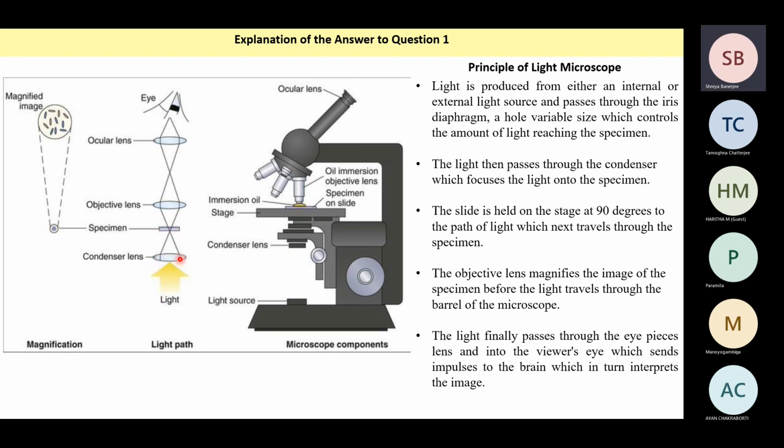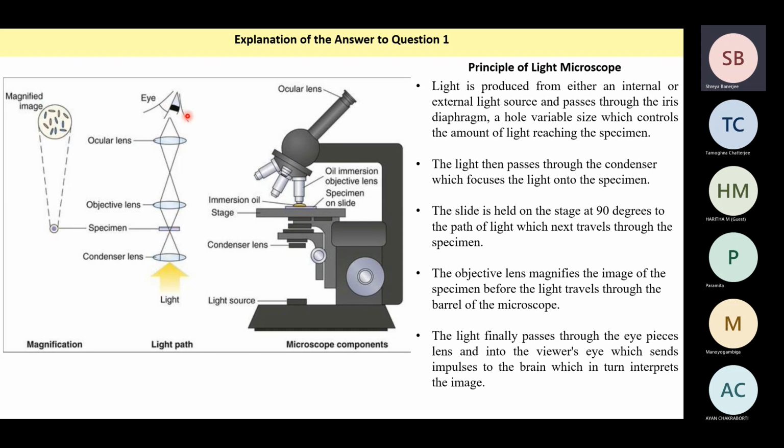The light passes through the condenser, which focuses the light on the specimen, and the slide is held at 90 degrees to the path of the light so that it can get the maximum light. Then the objective lens magnifies the image of the specimen before the light passes through the microscope. And finally, the light reaches the eye and it sends a signal to the brain so that you can see the image. So a very small specimen is magnified into a large image.